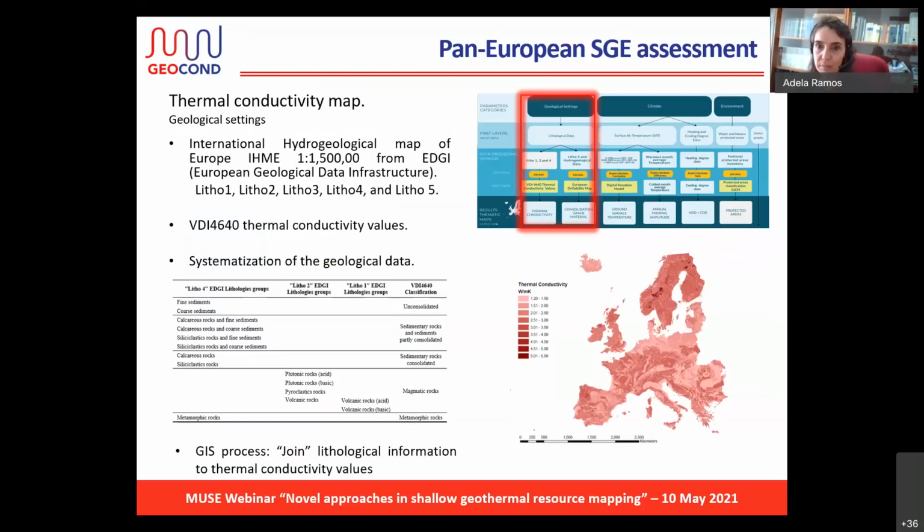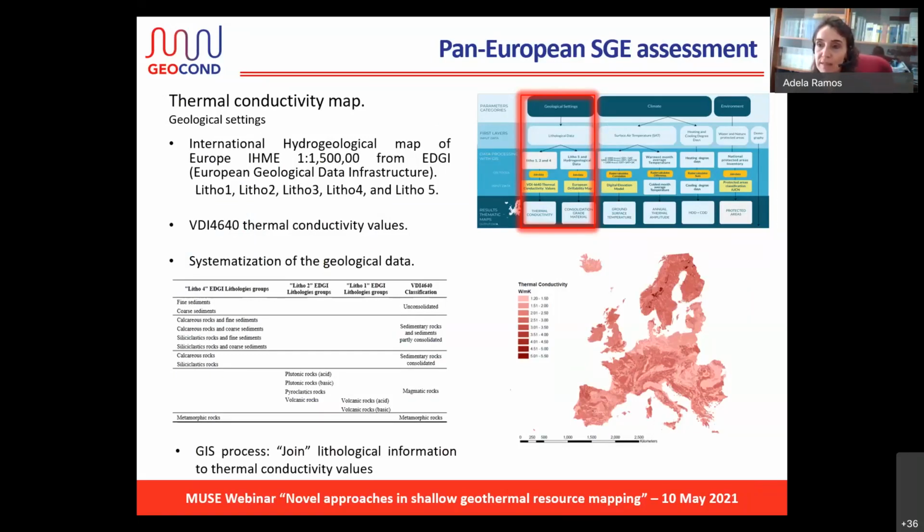This thermal conductivity map is the one Burkhard was mentioning in his presentation. Both maps are based on the International Hydrological Map, which is openly accessible in the European Geological Data Infrastructure.